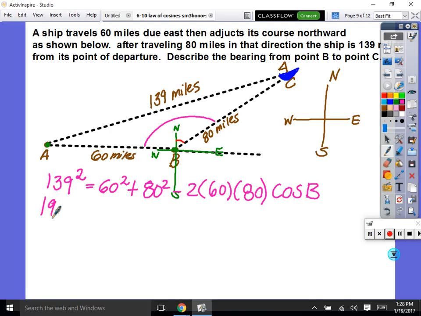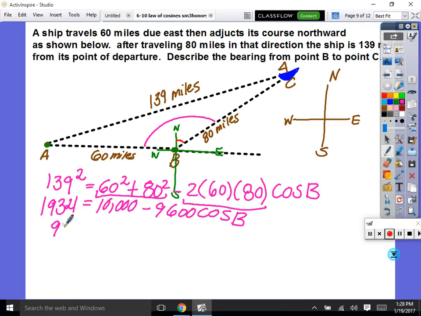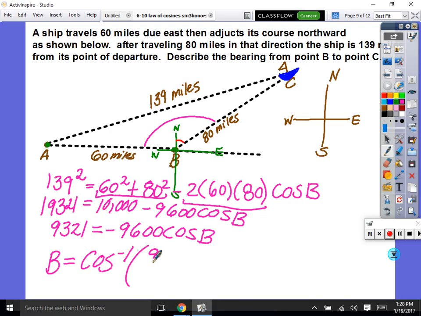If you calculate that, I get 19321 equals, I added those up and get 10,000, and then I multiplied those, minus 9,600 cosine of B. So now solving here, we would subtract 10,000: 9321 equals negative 9600 cosine of B. So then from there, B is going to be equal to, I can see it in my head, I would divide that over, right? Then take the inverse. So we'll have cosine inverse of 9321 divided by negative 9600. Type it into your calculator.